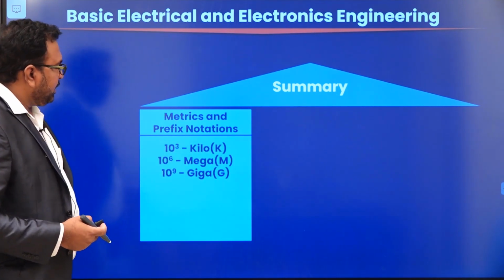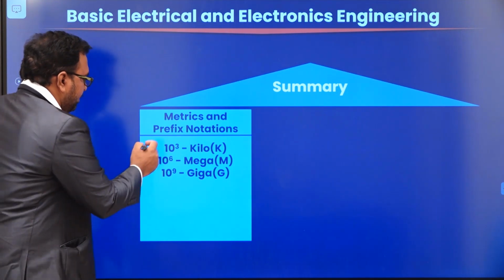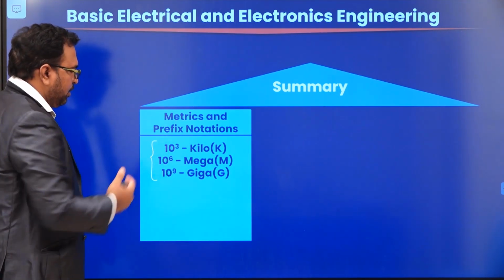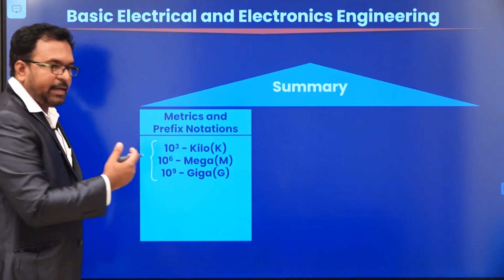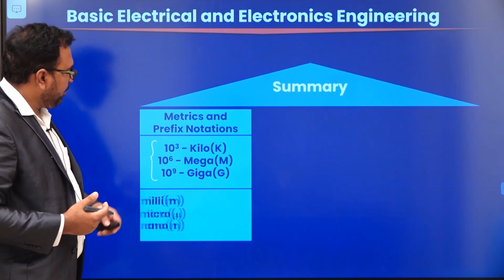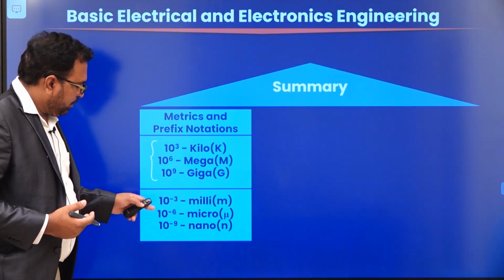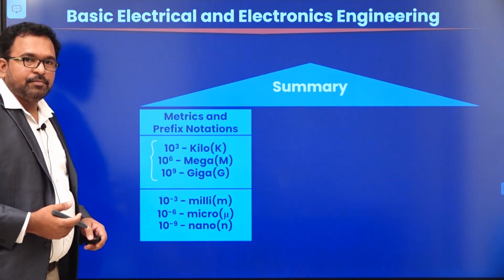In positive notation, we mainly concentrated on three. There are several notations, but the most used in this course are kilo, mega and giga. Similarly, in negative notation, the mainly used ones are 10 power minus 3, 10 power minus 6 and 10 power minus 9, which are called milli, micro and nano.